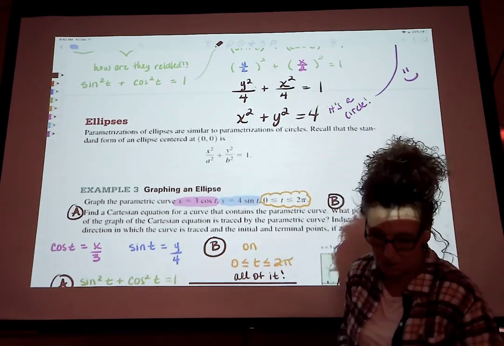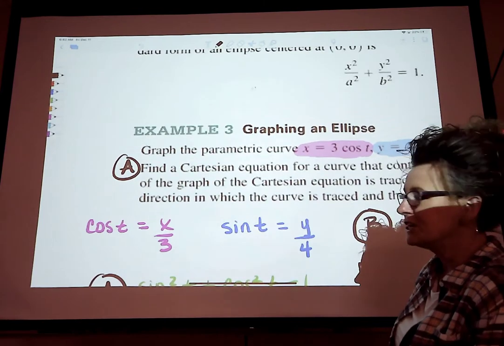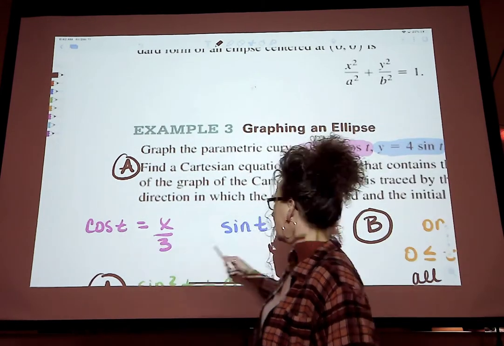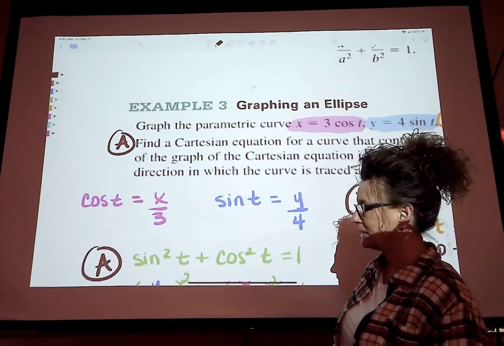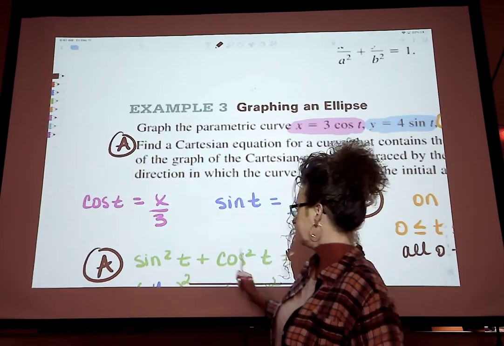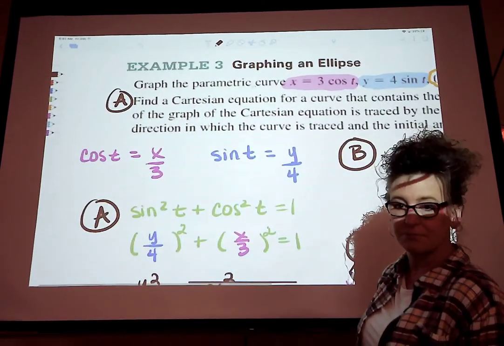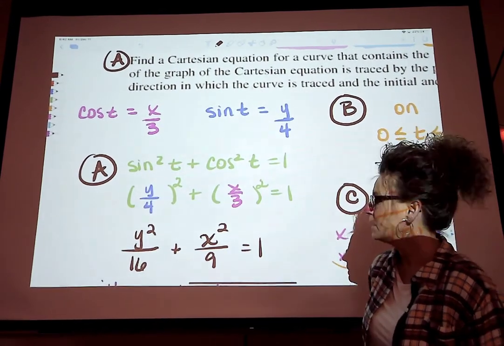Part C. So for part A, working on my Cartesian equation. Solve for cosine, solve for sine. Again, I'm going to use my trig identity here. Sub them in. Square them. There you go.